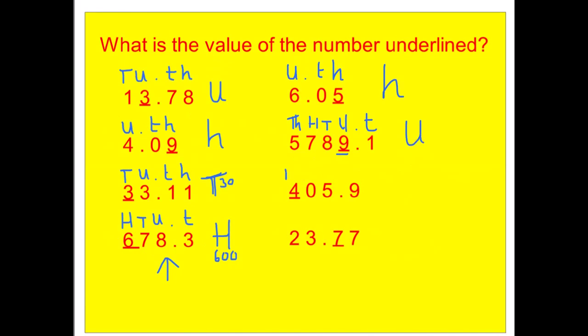Third number down, hundreds, tens, units, point tenths, that is 4 in my hundreds, 400, and the final number, tens, units, point tenths and hundredths, it's 7 in my tenths, 7 tenths.